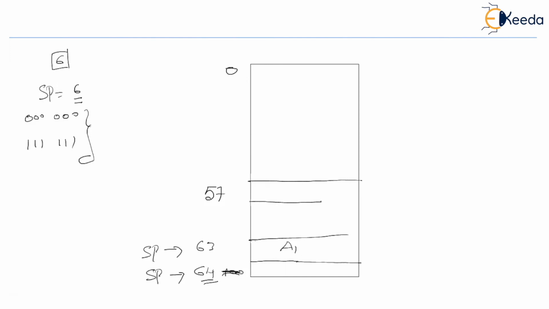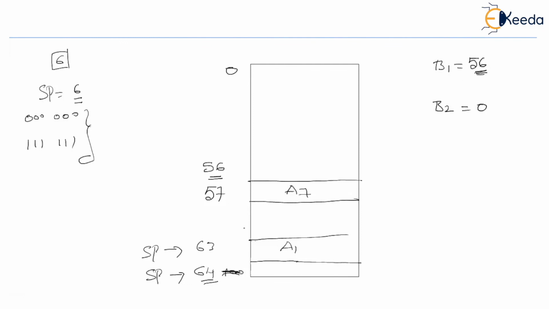So let us say element 7 will get pushed. One more push operation requires the stack pointer should be decremented further, that is 56. Okay, so here one boundary of the stack pointer is 56. 56 is out of the stack. One more boundary is 0th location. So initially one boundary is reached.